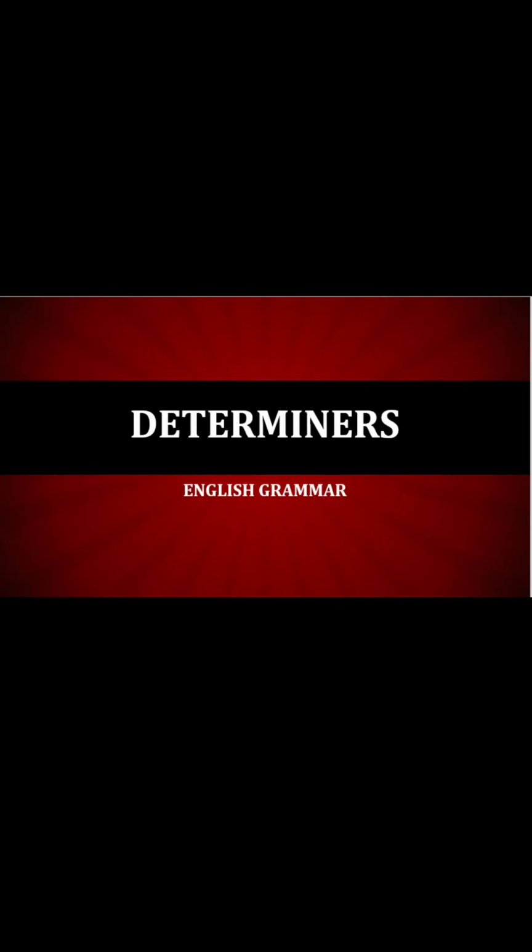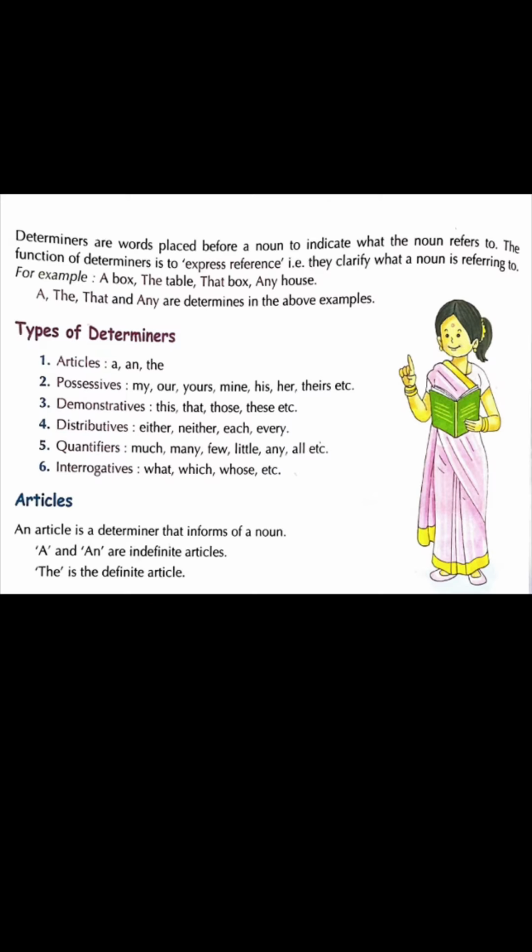That is determiners. So, what really are determiners? Let's understand something about them. Children, determiners are words which are placed before a noun to indicate what the noun refers to. Let's take, for example, a box, the table, that box, any house, right?